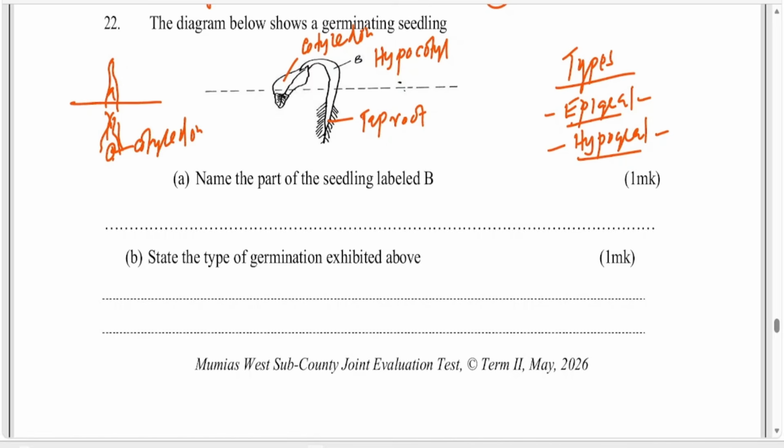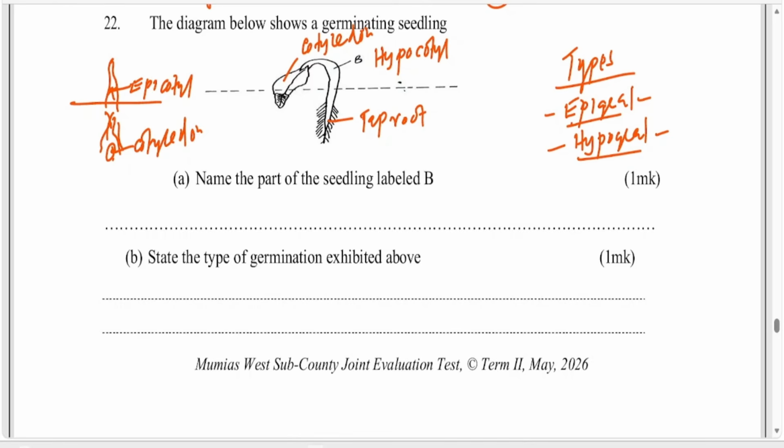They have a part, a section that we call the epicotyl. Remember, the type of germination is hypogeal. So these two terms may bring confusion. Germination in monocots, hypogeal, they have a part known as the epicotyl. Germination in dicots, epigeal, they have a part known as the hypocotyl.